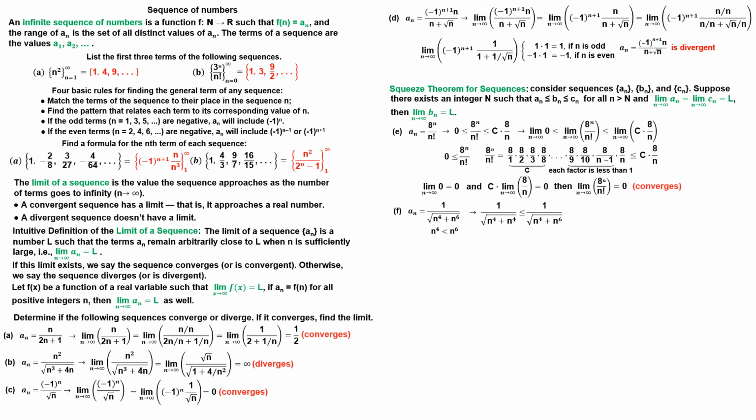And we find a sequence that is greater than the original sequence by replacing n to the power of 4 with n to the power of 6. We now can apply the squeeze theorem to find the limit of the sequence, and the sequence converges to 0.